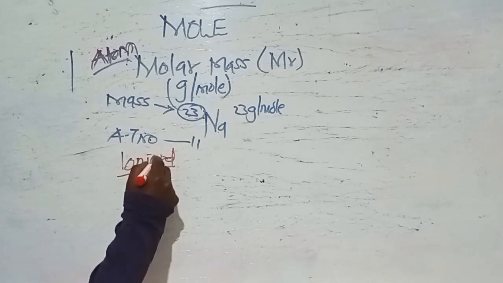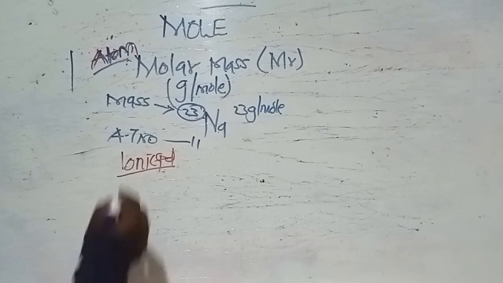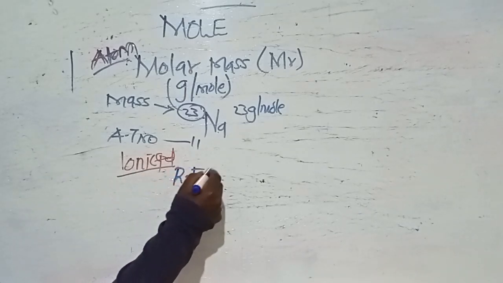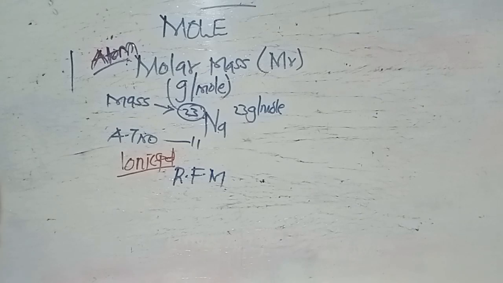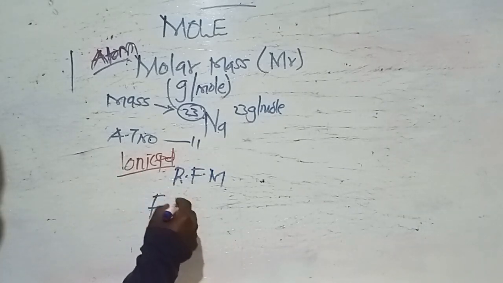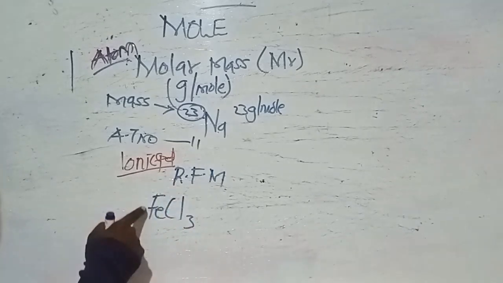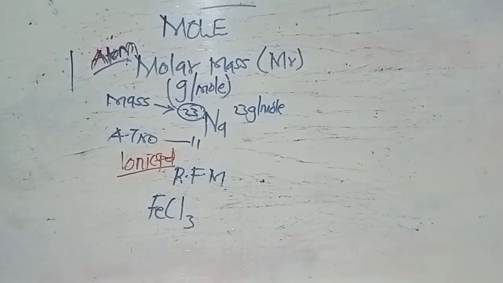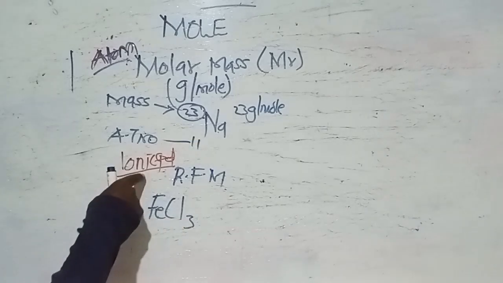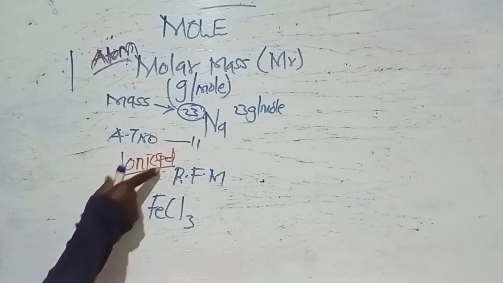When you're talking about an ionic compound, the molar mass of an ionic compound is referred to as the relative formula mass. Relative formula mass. For example, let us talk about a substance that we call iron 3 chloride. So what is the molar mass of iron 3 chloride? Iron 3 chloride is an ionic compound, so we talk about relative formula mass in reference to ionic compounds.